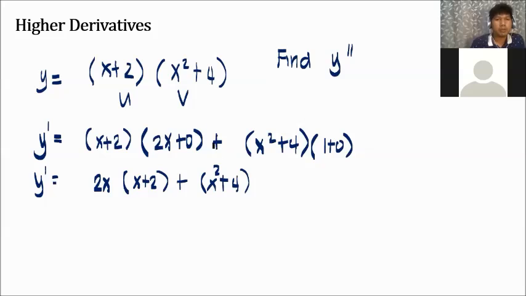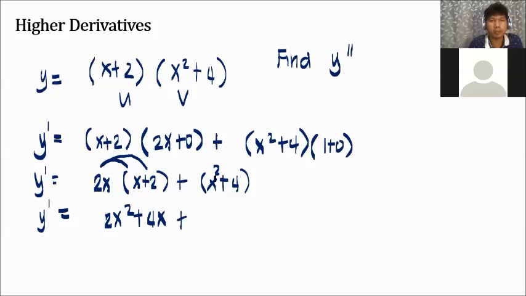So for me to solve the second derivative more easily, I will simplify this further. I will distribute here inside. So that is 2x squared plus 4x, right? So I will rewrite this simpler, plus x squared plus 4.